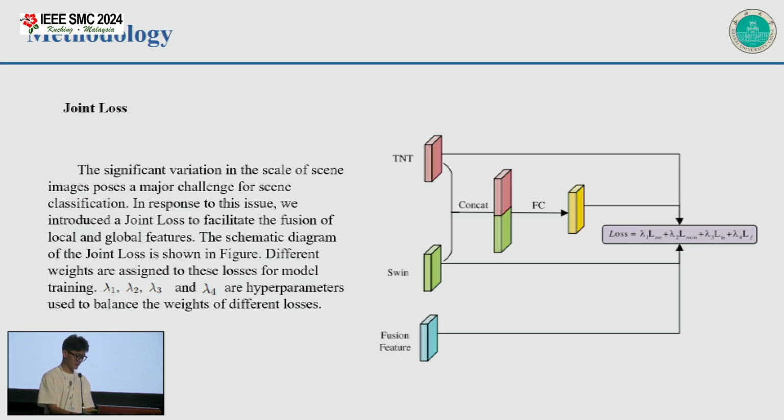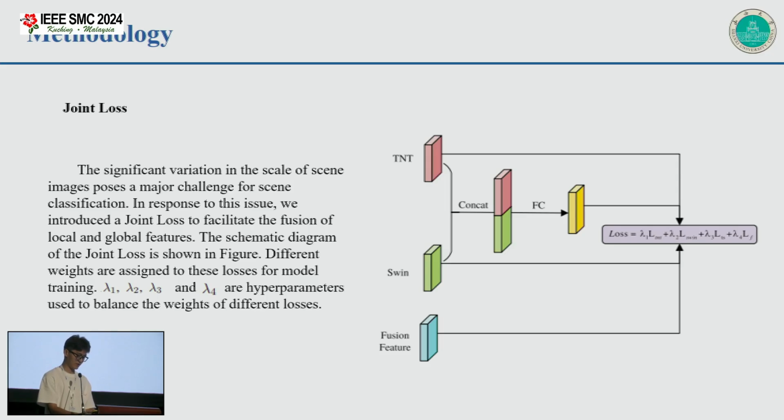Finally, we used joint loss. The significant variation in scale of scene images poses a major challenge for scene classification.